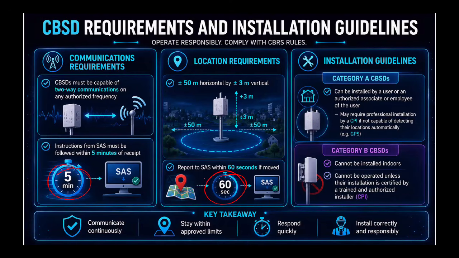The CPI ensures many things: that the CBSD is installed at the correct location, the antenna height is correct, the antenna direction is correct, the transmit power follows FCC rules, and the installation information is correctly registered with the SAS. All this information is taken care of by the CPI. So the CPI is very important, at least in the category B. These categories help ensure that all CBRS users can safely share the spectrum without causing harmful interference.